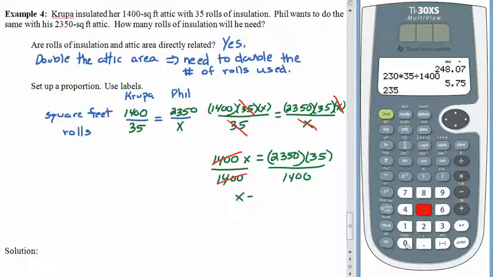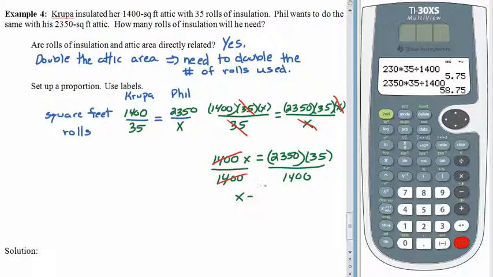2,350 multiplied by 35 divided by 1,400 is, that looks a little better. X needs to be 58.75. 58.75, here we are down in the denominator, rolls of insulation for Phil's house.